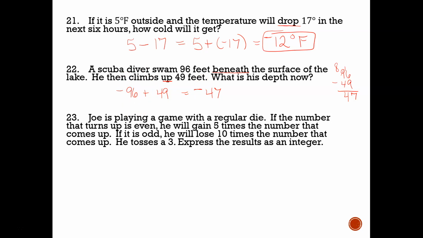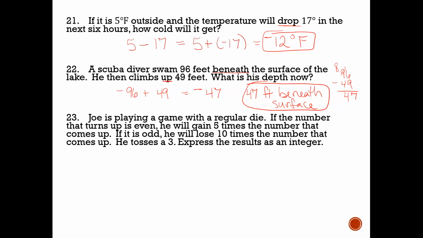Now let's answer the question. What is his depth now? He's negative 47, so we could write that he is 47 feet beneath the surface. So always just make sure and answer whatever question is being asked.